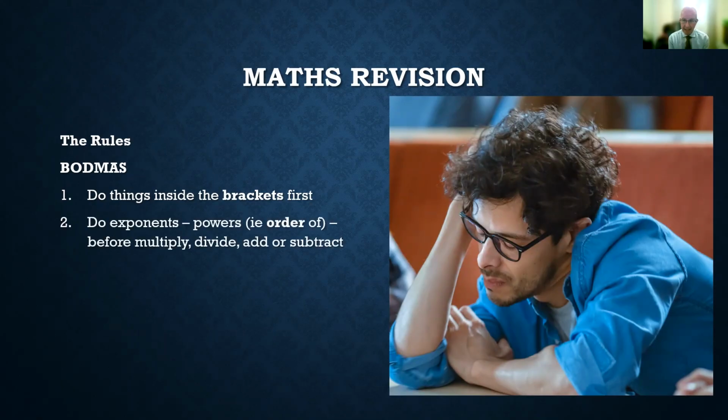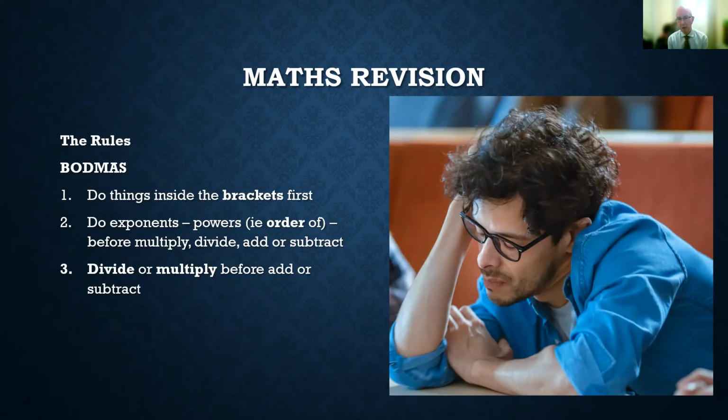Then after brackets, we do the exponents or powers. Or when we were at high school, we might have heard it referred to as order of, raising something to the order of another number. That's the O in BODMAS. We do that before we multiply, divide, add or subtract. The D and the M stand for divide and multiply.